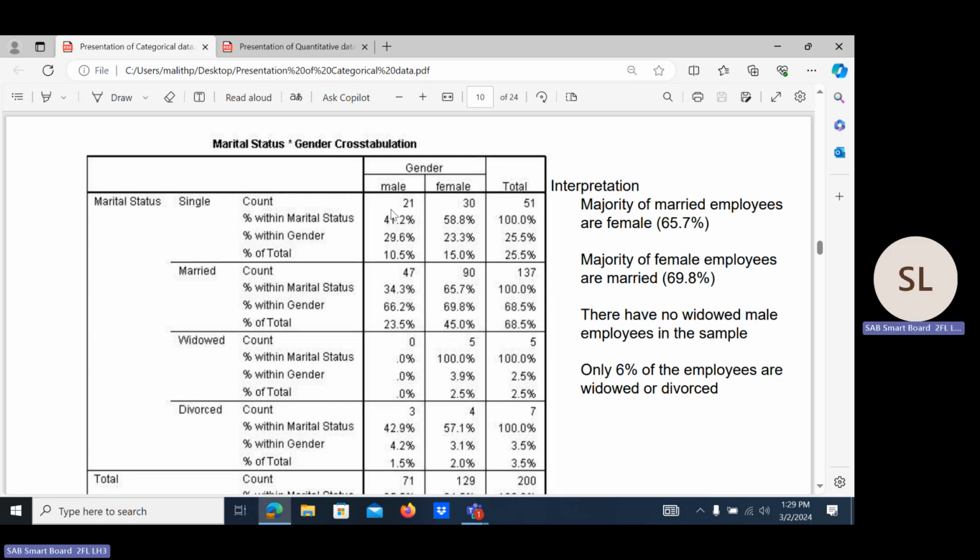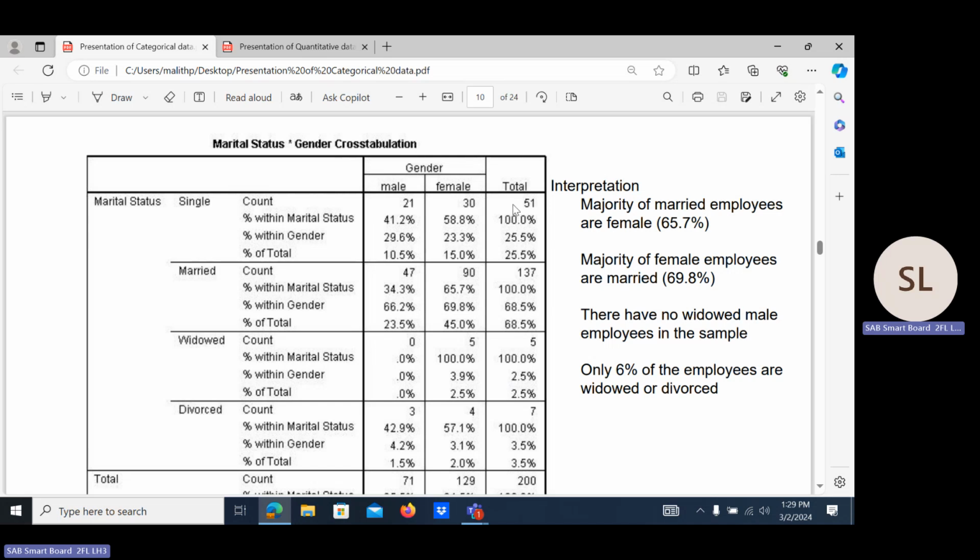What does the 21 mean? 21 respondents are single male respondents. Then 47, what does it mean? 47 respondents are male and they are married. Understood? That is the way we can take it.